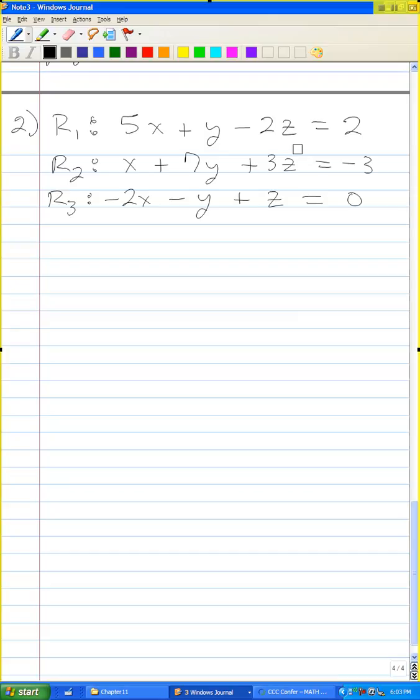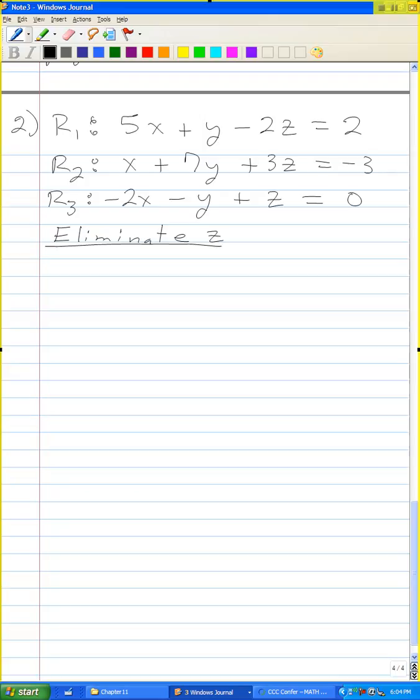Okay, and so in this case, it'll probably be slightly easier if you eliminate z. So I'll eliminate z. Once you start to eliminate z, you must use all equations to eliminate z.